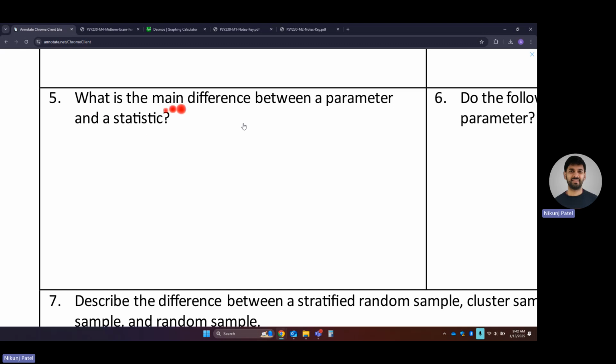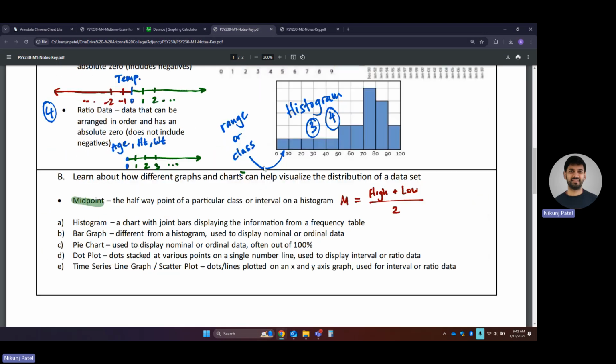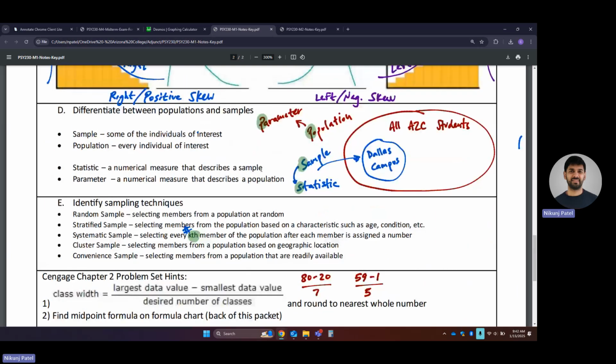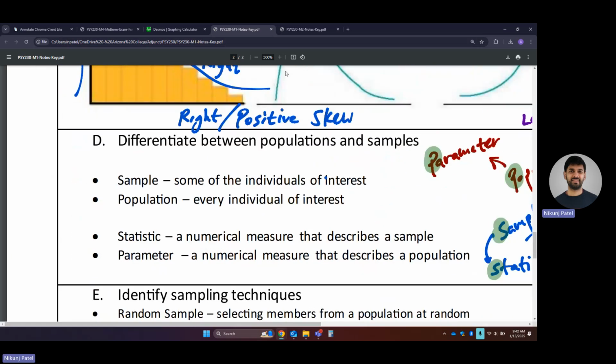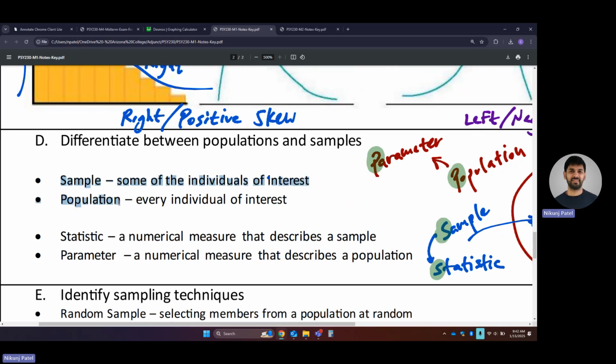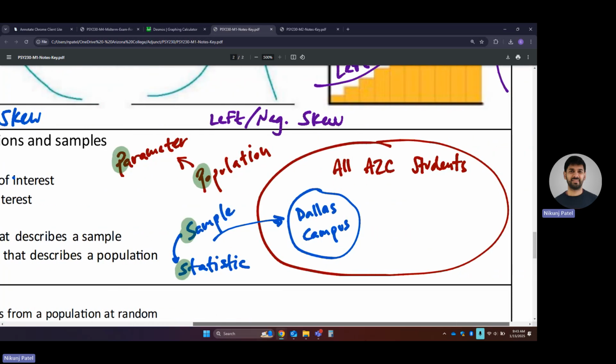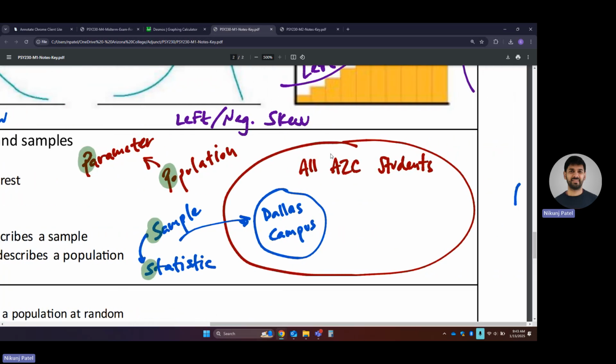So what's the difference between parameter and statistic? In the module 1 notes, I gave you this diagram in box D in module 1. And here's the definitions of sample, population, statistic, and parameter that go along with this review question. But here is the diagram that I gave you. Looks something like this, where you have a big group, which is the population, small group, which is the sample, and the big group, anything that calculates out of the big group is called a parameter.